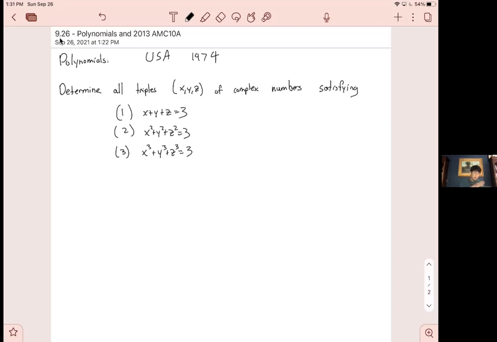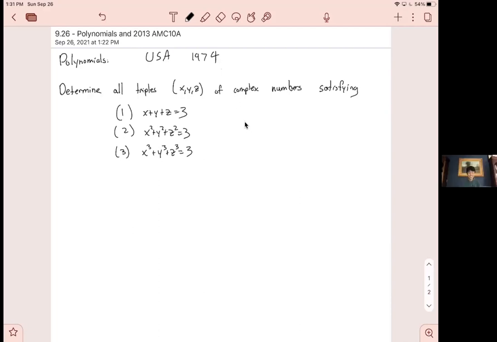So there's definitely at least one obvious solution. Does someone want to say what it is? You can DM it to me. It should be fairly clear. Yeah, Kevin? The solution for x, y, and z is 1.